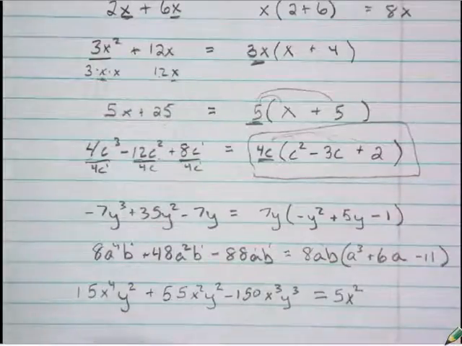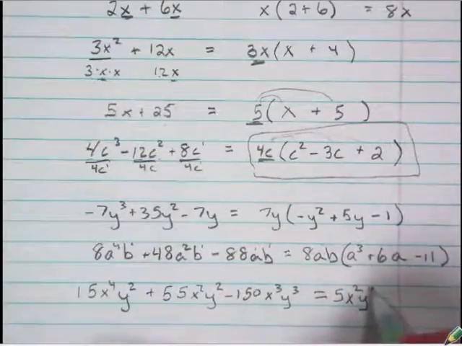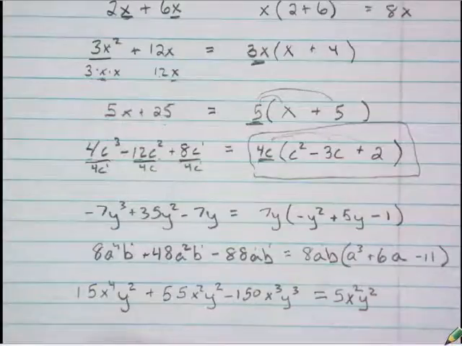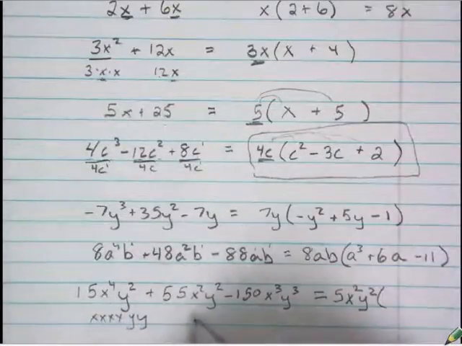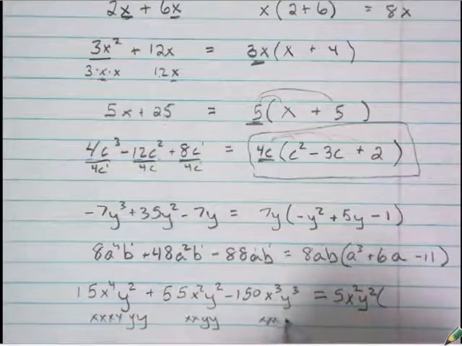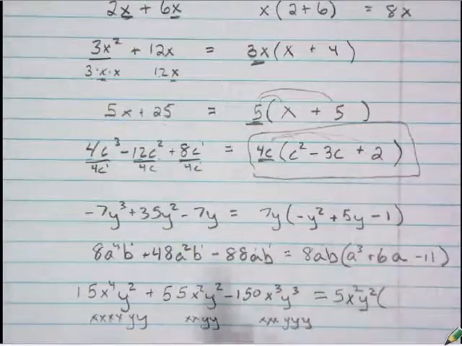And then if I look at my y's, all of my y's have at least a y squared in them. So my GCF is y squared as well. Okay? And if you had to, again, this means x, x, x, x, y, y. This is x, x, y, y, x, x, x, y, y, y. What is the most in common of the variables?